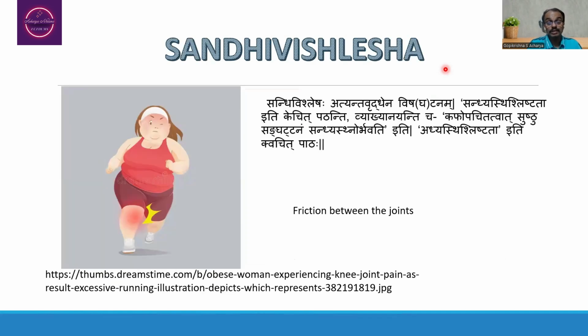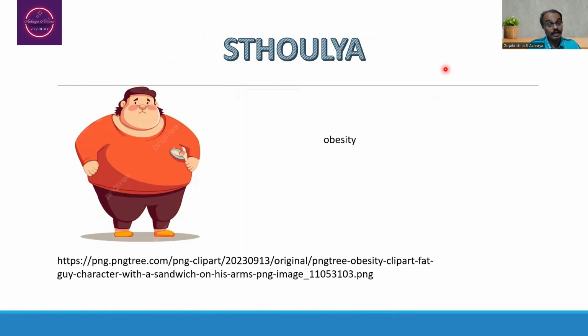Drowsiness, sandhi vishleshaha. Here, due to the increased obesity, there may be the possibility of friction between the joints. This can be attributable to sandhi vishleshaha, obesity, wherein a greater amount of adipose tissue is present in the subcutaneous areas.